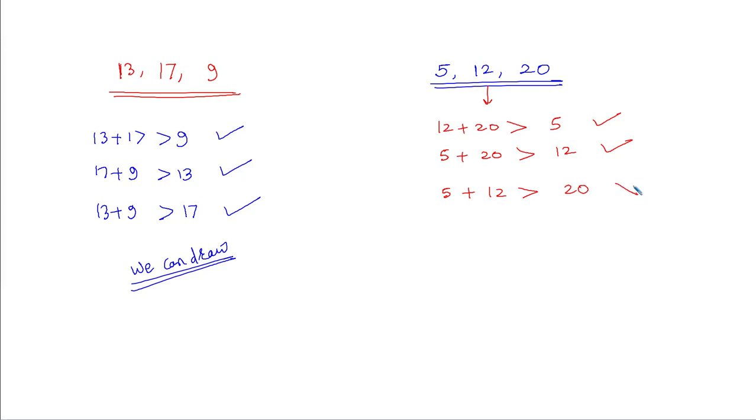No, it is not greater than 20. So the triangle with the sides 5, 12 and 20 does not exist. So we can say that we cannot draw a triangle with the sides 5, 12 and 20. This is how we can check whether we can draw a triangle with the given 3 sides or not.